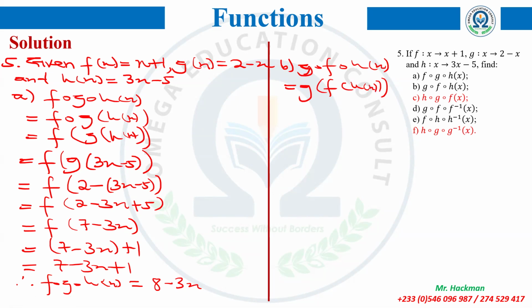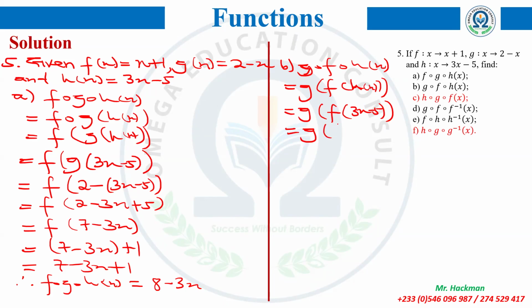Let me write my h function well. So now this will mean I will have my g. Then my inner function, h of x, is 3x minus 5. So I'm going to get 3x minus 5. I substitute. So this means I keep my g, then I'm going to feed.